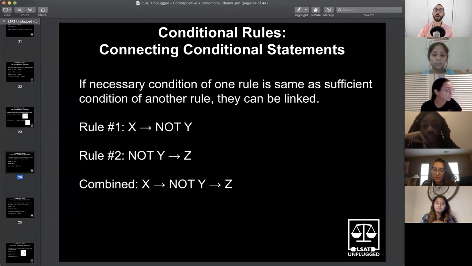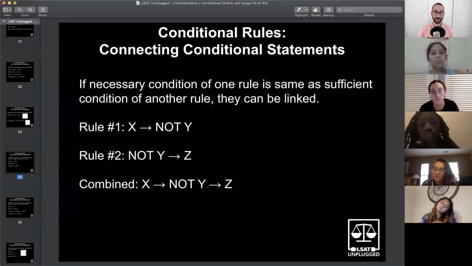And of course, when you have more variables and more rules in play, more conditional statements, you're going to have to link those together and then follow things from the beginning to end, like a domino effect, knowing that A requires B requires C, all the way to A requires Z. Beginning to end, you follow it from the beginning to the end. They're going to reward you big time for that because most people aren't going to have these kinds of conditional chains.